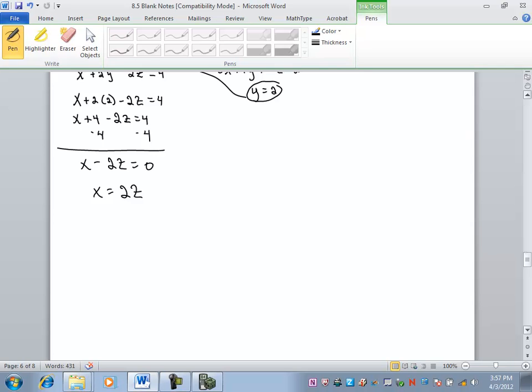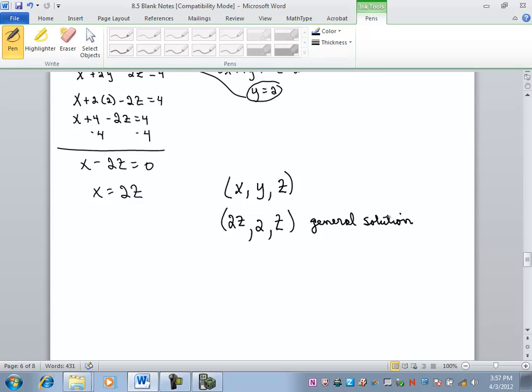Now let's think about this for just a minute. I'm going to write an ordered triple: x, y, z. Now I know what y is. y is 2, no matter what. And x, it tells me, is 2z. Well, if x is 2z, then z is just z. And this is what we call a general solution.